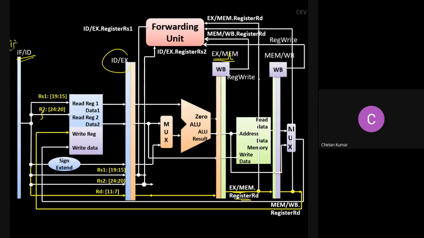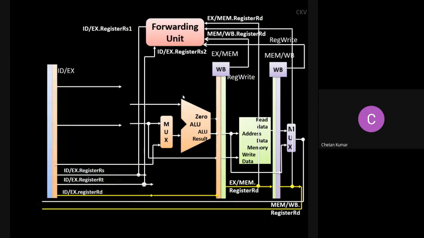I should also send the RegWrite signal which is coming from the MEM/WB register. So these are all signals which are inputs. Using all of this information, the forwarding unit will detect whether forwarding is required or not. But then how exactly should I do forwarding?